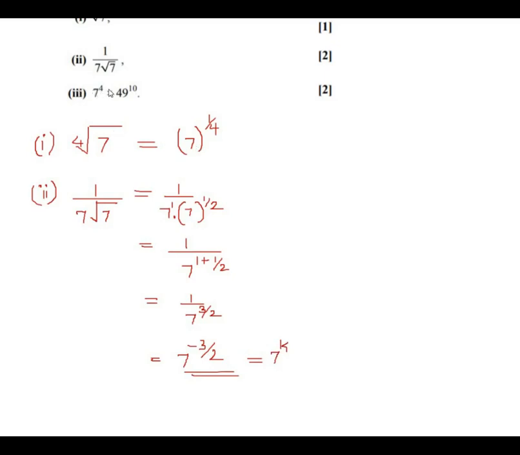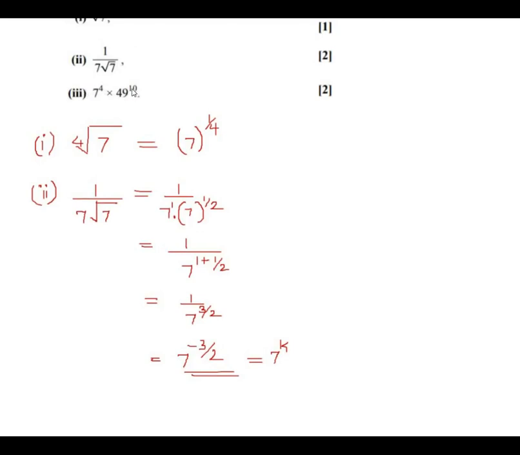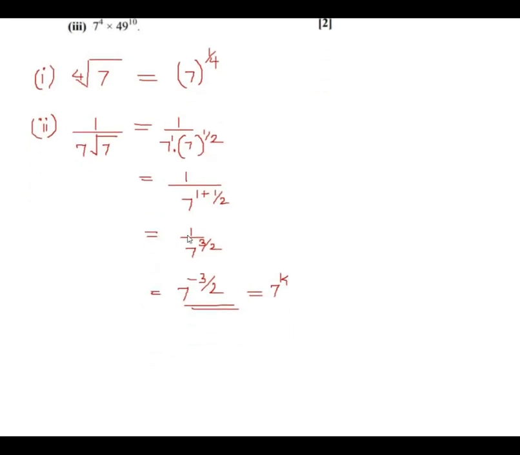Now let us look at the third question. 7 to the power of 4 times 49 to the power of 10. So let me write it over here. Now they want us to write this in the form 7 to the power of k.